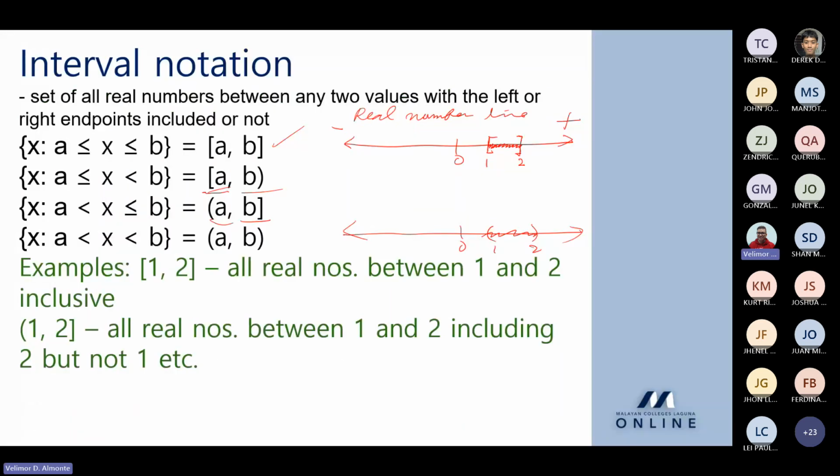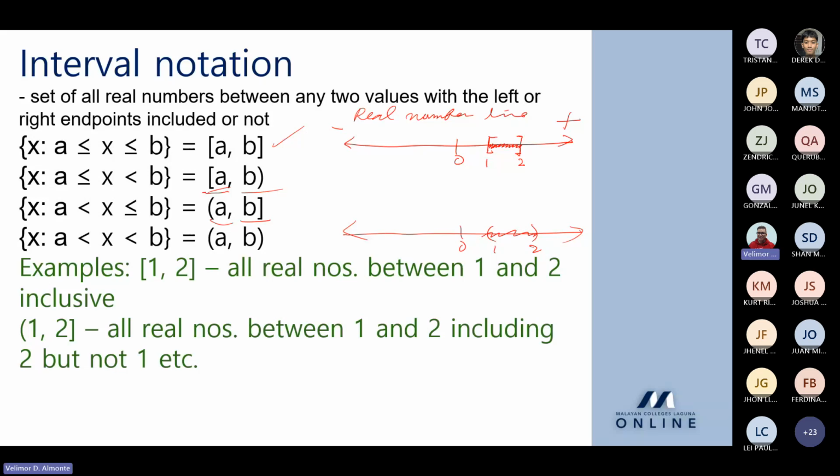Next, if ever you need the real numbers between two other real numbers, regardless of whether it is an integer, fraction, whatever, if you want every real number between two real numbers, you can switch to this notation. This is referred to as the interval notation.